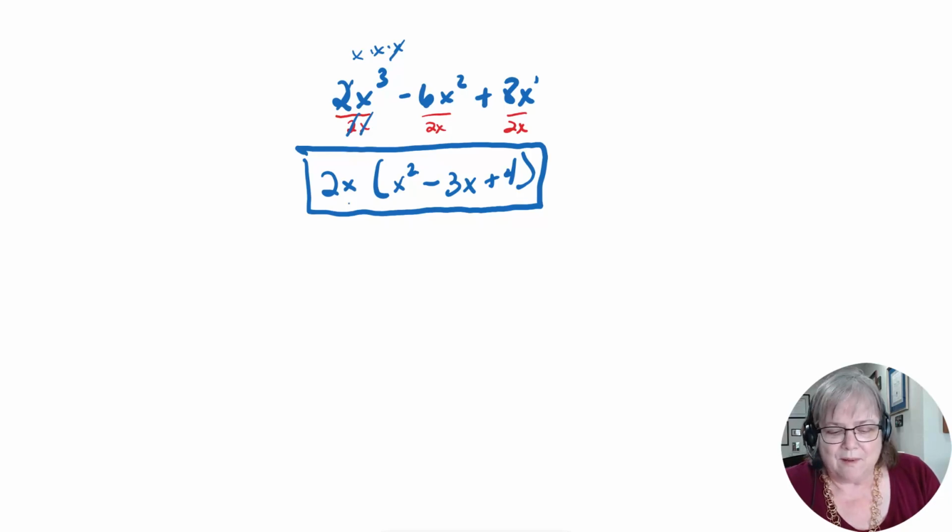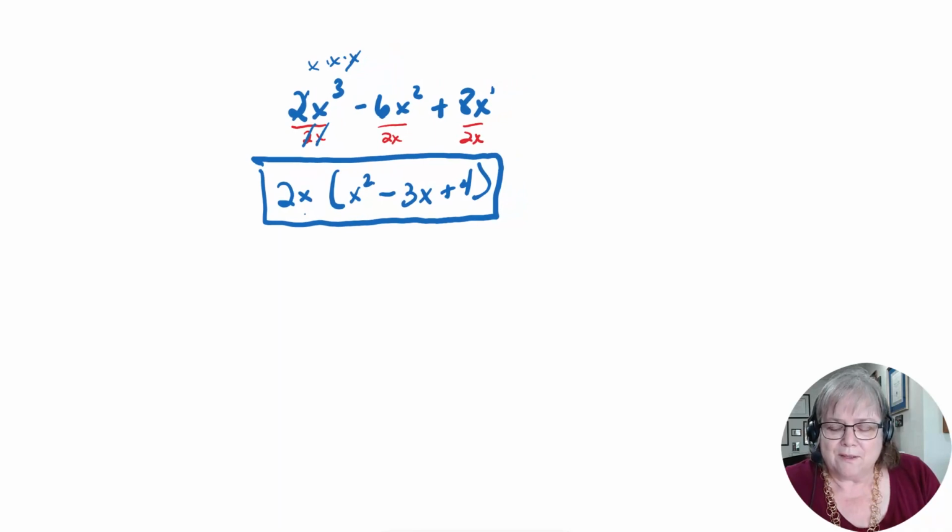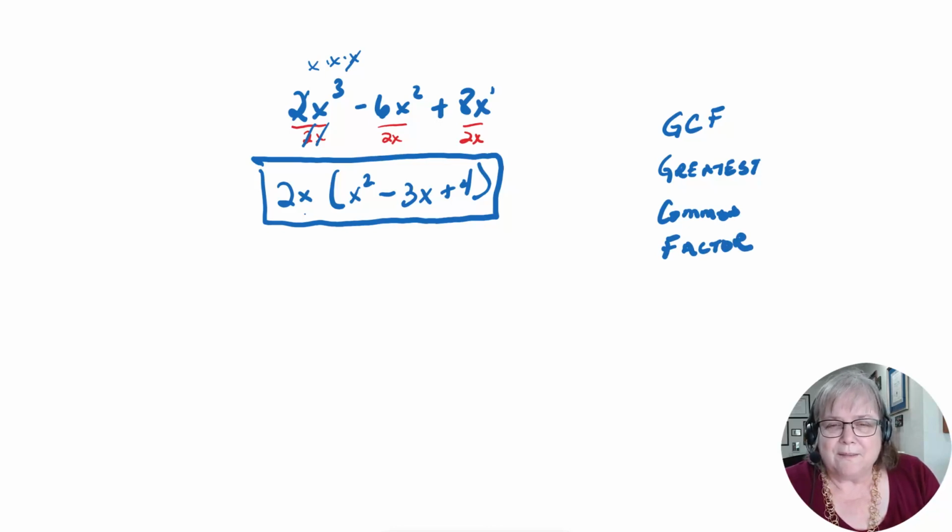All right, now I want to talk to you just a minute about, sometimes people call it the GCF, which is short for the greatest common factor. And so what we're looking for is the biggest term that we can factor out.